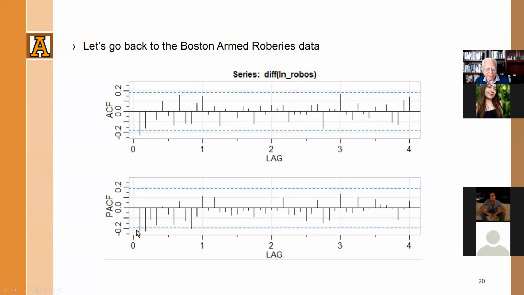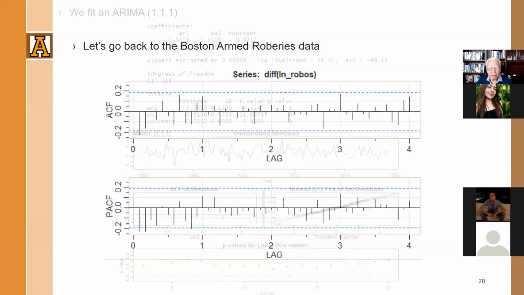This could lead you to believe that maybe it's an AR model of order 2, but there's no pattern. If you look here, these two are significant. There's no clear pattern here, and there's no clear pattern here. So it could be either one, and we'll see that the same series can be represented equally well or almost equally well by two different models. And we'll always look for the one that's more parsimonious.